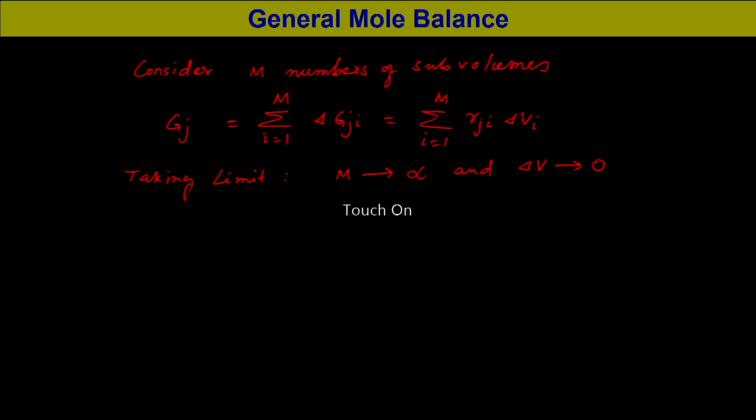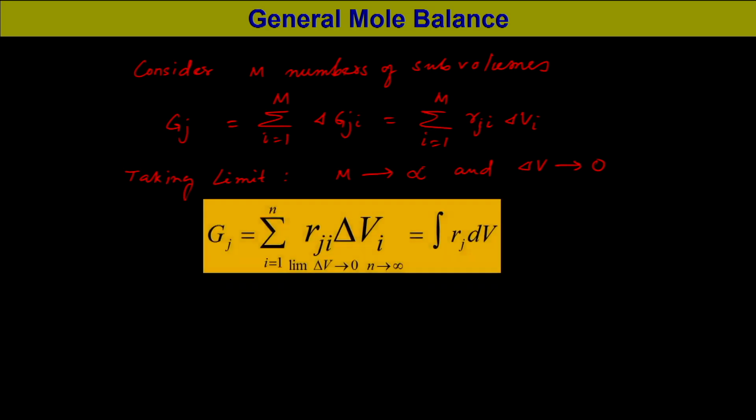If we take these limits, then we obtain Gj is equal to the summation over i equal to 1 to m, in the limit delta V tends to 0 and m tends to infinity, of Rji delta Vi, which would be equal to the integral over V of Rj dV.